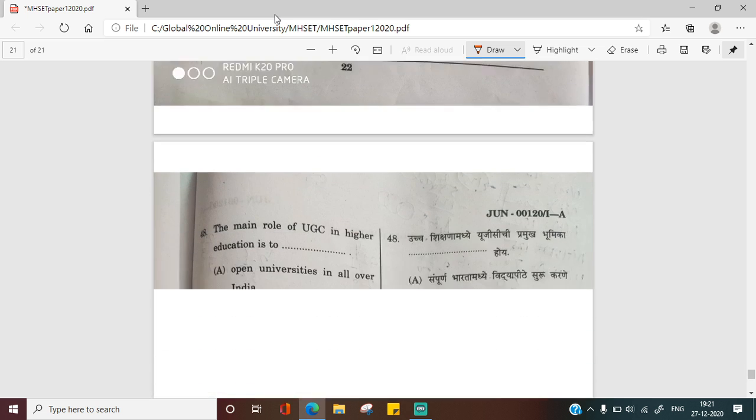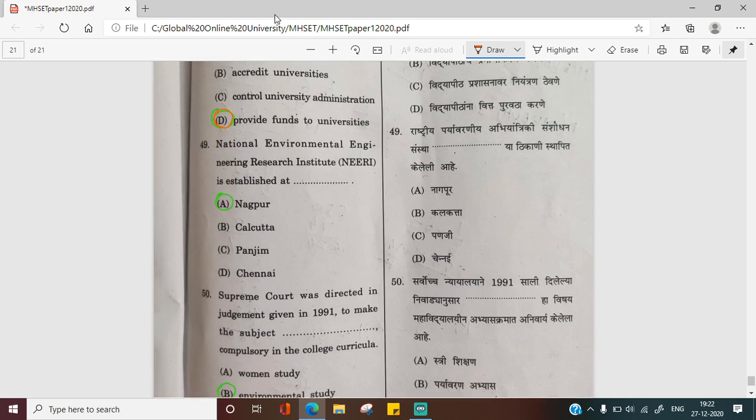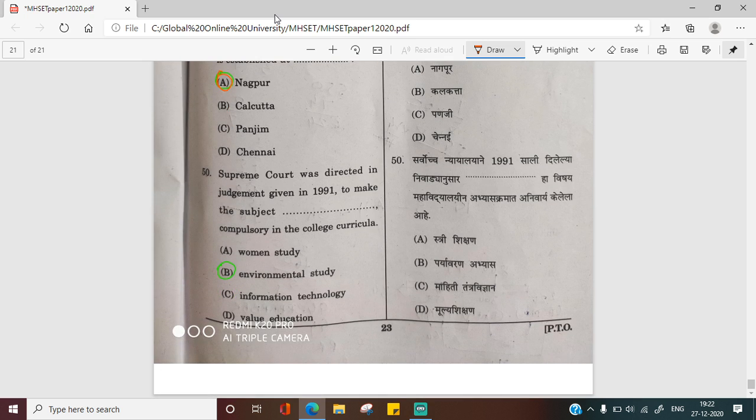The right answer is A. The main role of UGC in higher education is to provide funds to universities. The right answer is D. National Environmental Engineering Research Institute is established in Nagpur. The Supreme Court directed in a judgment given in 1991 to make the subject environmental study compulsory in college curricula.